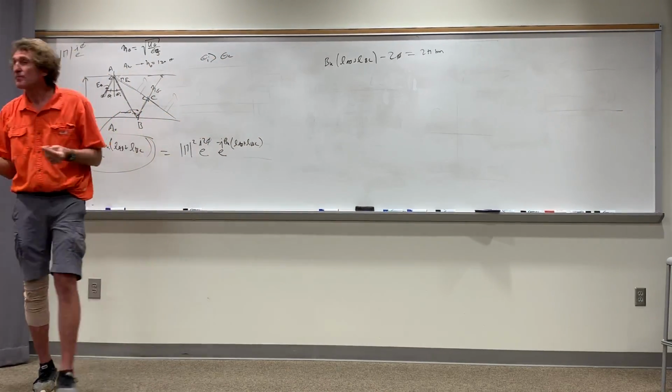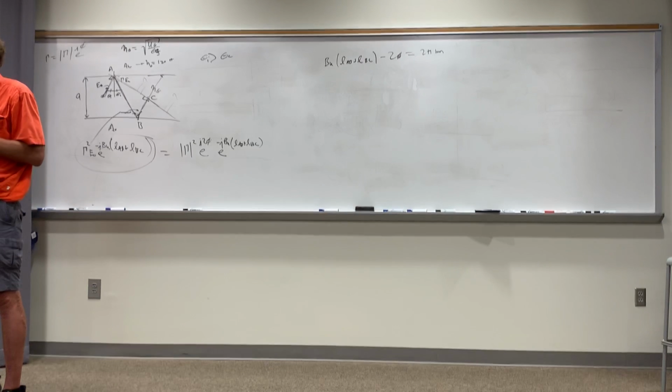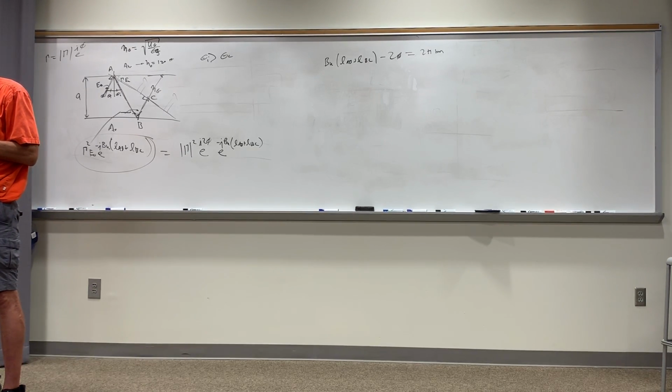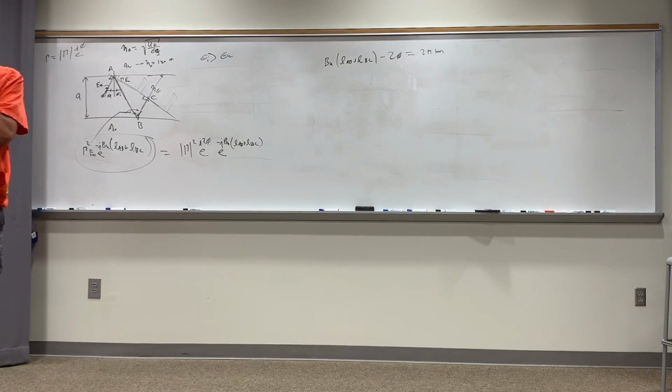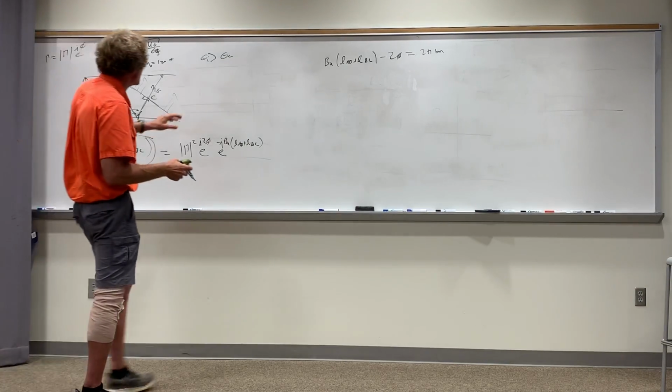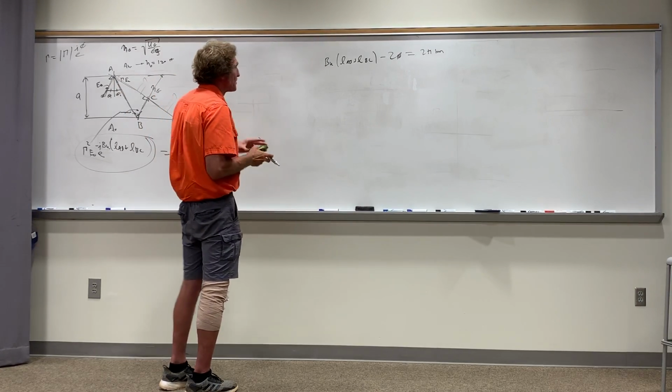What's the critical angle? It's all reflected. Everything's reflected, right? How do we always calculate the critical angle? Snell's law, right? We set the sine of theta transmitted equal to sine of 90 degrees, or 1, so we can calculate the critical angle. So this is an assumption that the angle it's hitting at is greater than the critical angle.